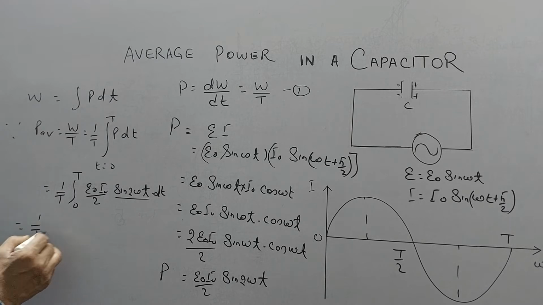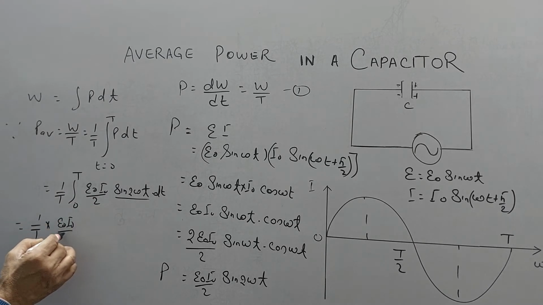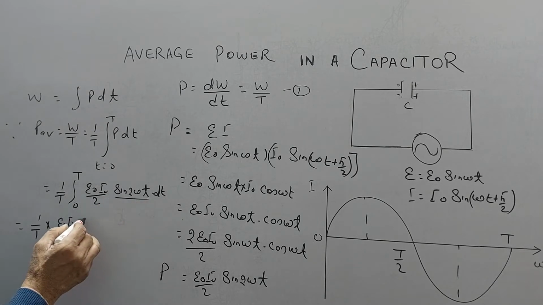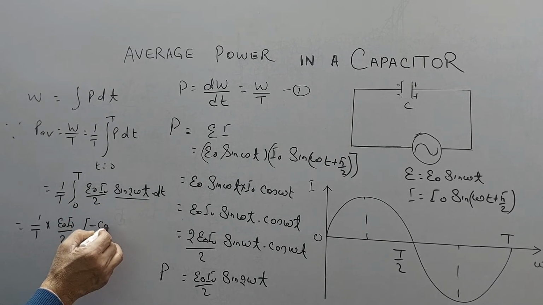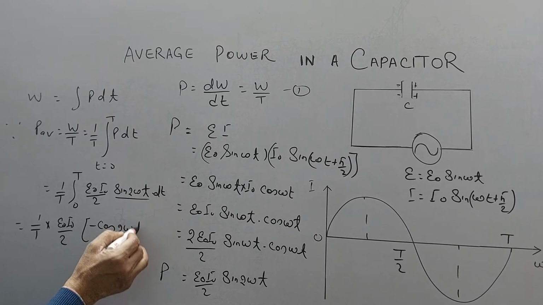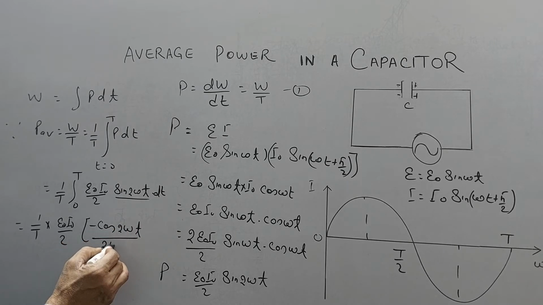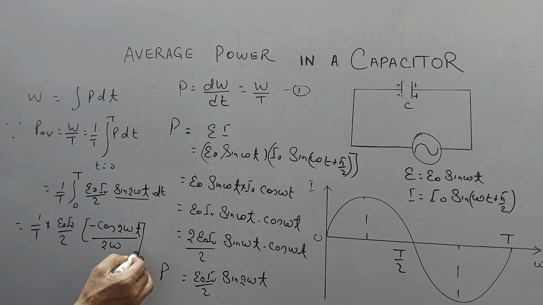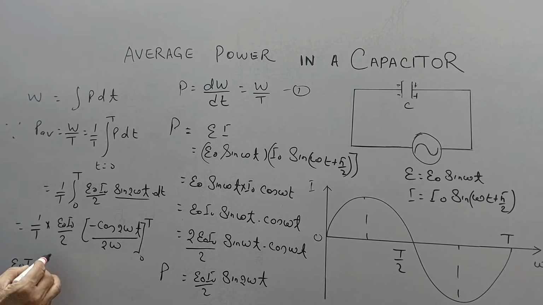So now it's E naught I naught divided by 2, and its integration is minus cos 2 omega t divided by twice omega, taken with the limit from 0 to one time period of the oscillation. So now here minus 2 omega is taken out.